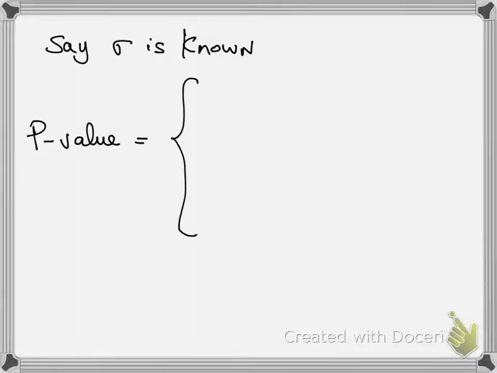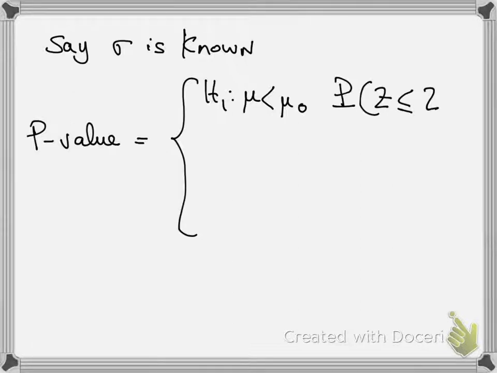There are three cases. If your H1 is that mu is less than mu 0, then the p-value would be the probability that z is less than z x bar, where z x bar is the test statistic.